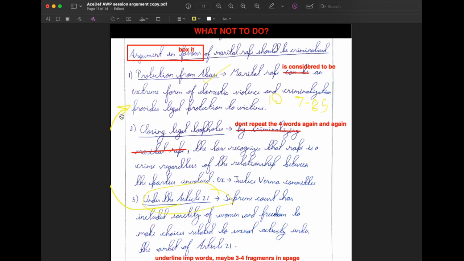This point can be placed above at number 1 or number 2. That is okay. But closing legal loopholes is not the first thing. So that can be shifted downstairs. So you need to arrange the points in the correct order. What is the correct order? Correct order is what is important, that comes first. What is least important or least impactful, that comes at the end.